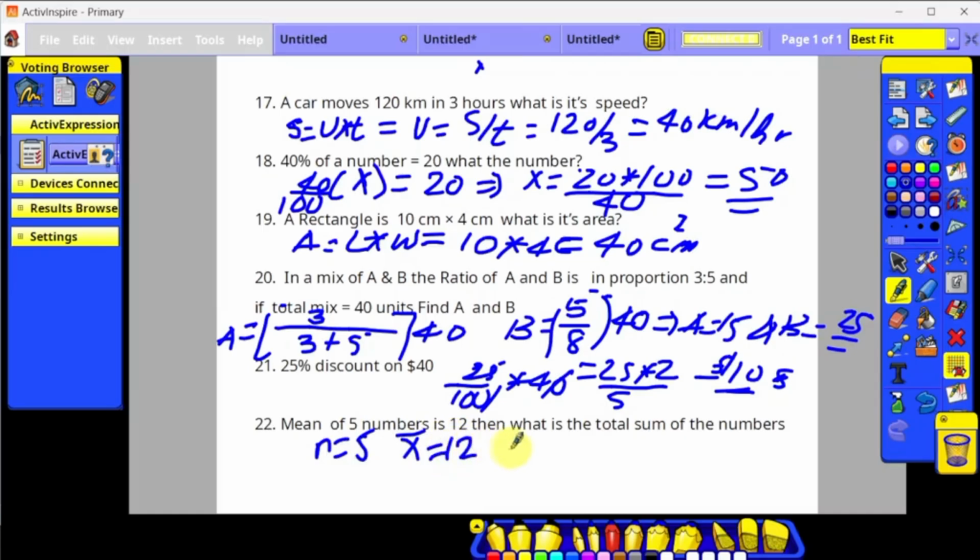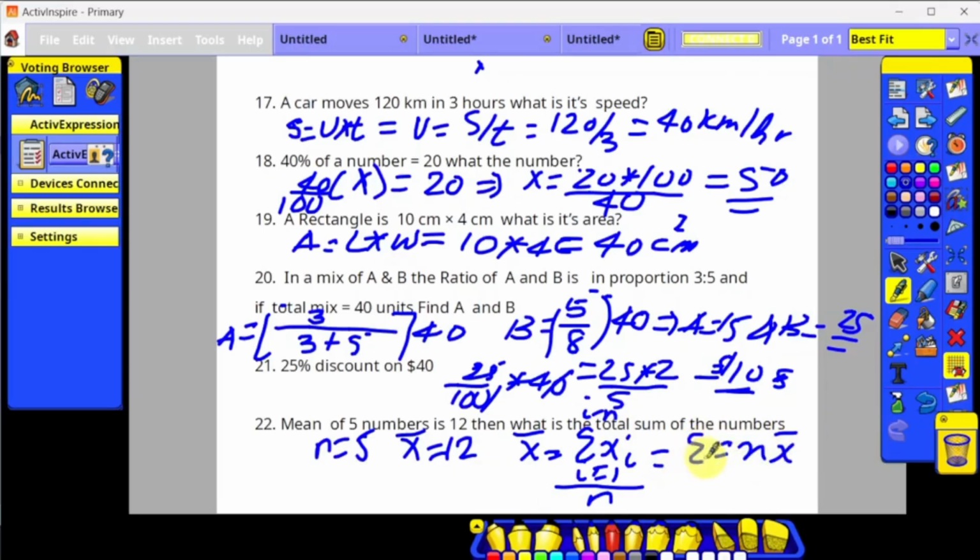So we have x bar is equal to the sum of all the xi's, from i equals 1 to i equals n, divided by n. We are asked to find the sum. So the sum is equal to n times x bar, times the average.